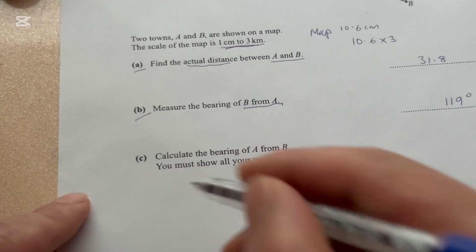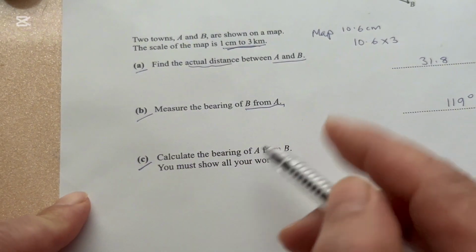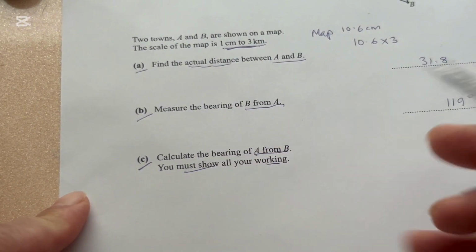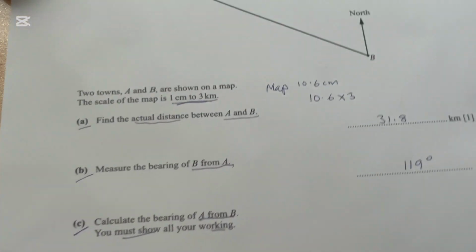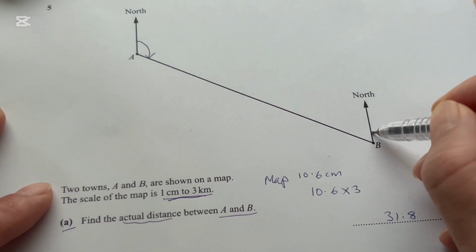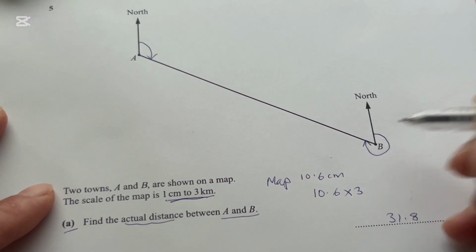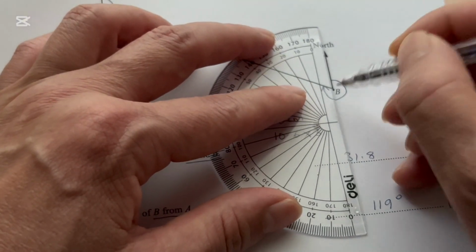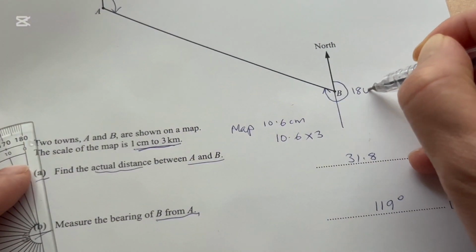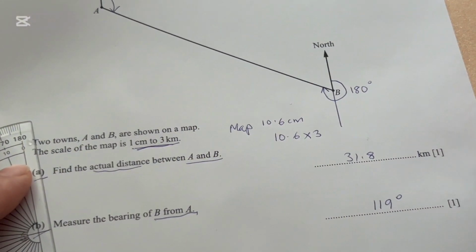Question 5, part C says, calculate the bearing of A from B. You must show all your working. Let's go back to the diagram. Bearing of A from B is this angle you need to work out. If you draw a straight line, we know angles on a straight line is 180.